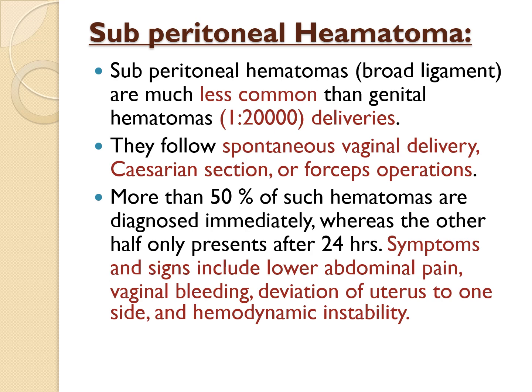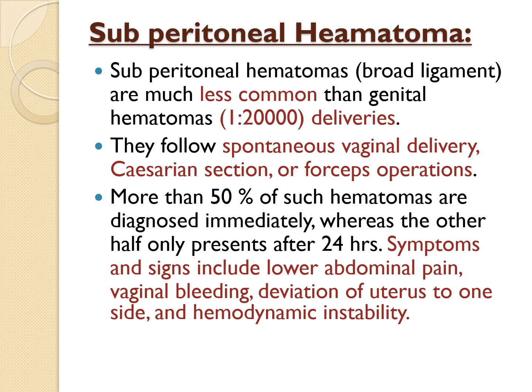Subperitoneal hematoma or supralevator hematoma. Subperitoneal hematomas or broad ligament hematomas are much less common than genital hematomas. 1 per 20,000 deliveries can be complicated by supralevator hematoma. They follow spontaneous vaginal delivery, cesarean section, or forceps operations.